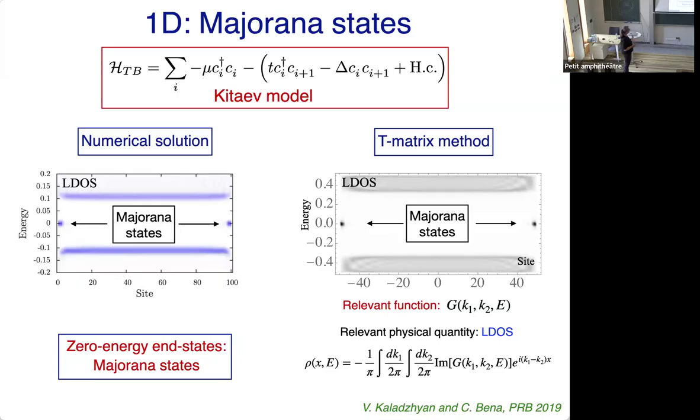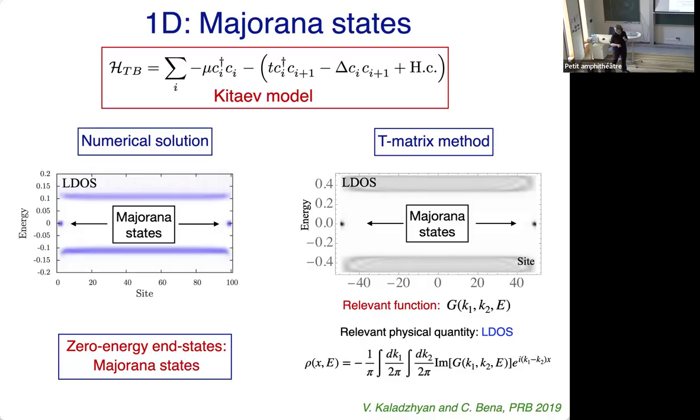And when you do that, you see that you have some bound states which are localized on the ends of your wire, and they are at zero energy. And if you look at their specific wave function, you see that they have an equal superposition of electrons and holes, and they are what we call Majorana states. So this is what we know numerically about this model, that it has these states which are Majorana states.